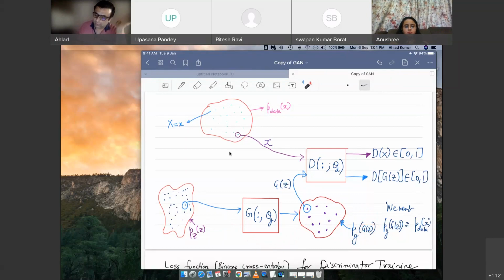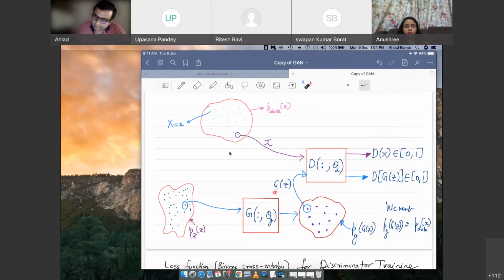Now this sample, represented by G of Z, is fed into the discriminator, where these two dots are telling that you are taking input as an image. The first dot will be X, which is going into this. So the discriminator will generate D of X, which operates on the real data set X, and it will generate a probability value between 0 and 1.